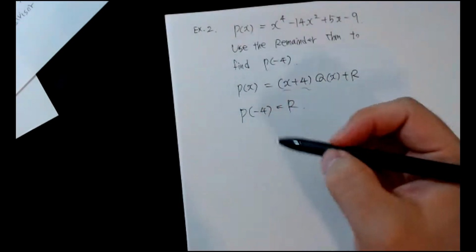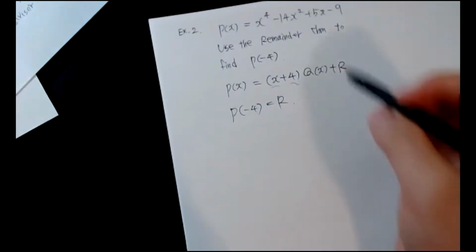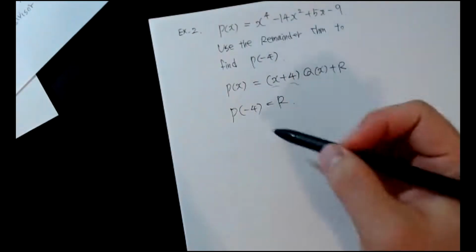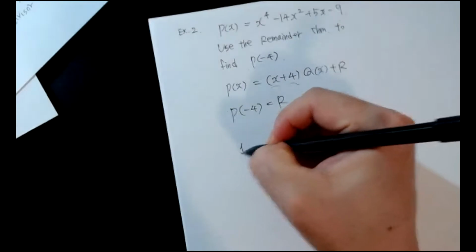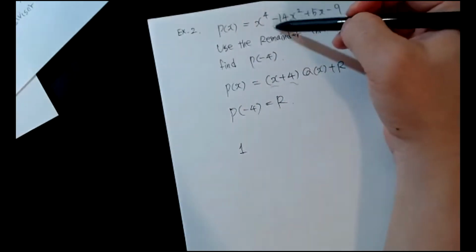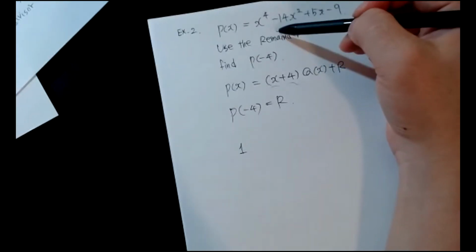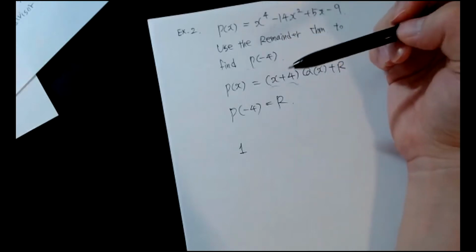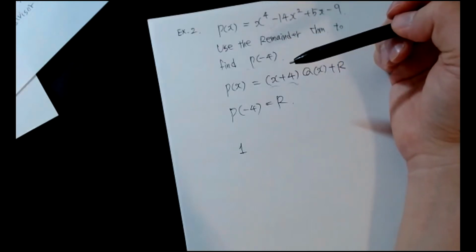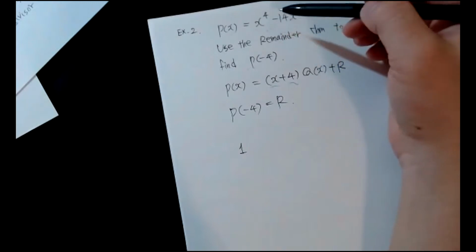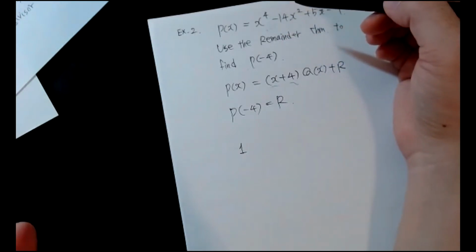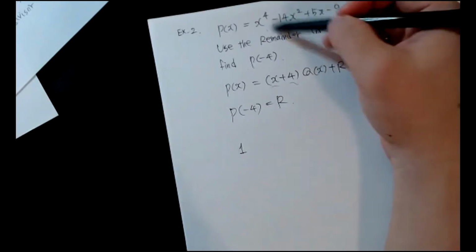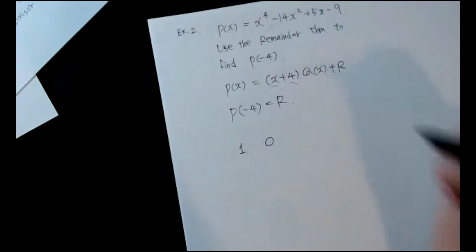So now I'll use synthetic division to divide p of x by x plus 4. The coefficients start with 1. By the way, you see the x cubed term is missing. Even though the x cubed term is missing, when you use synthetic division, you have to include the coefficient of the missing term, so we put 0.